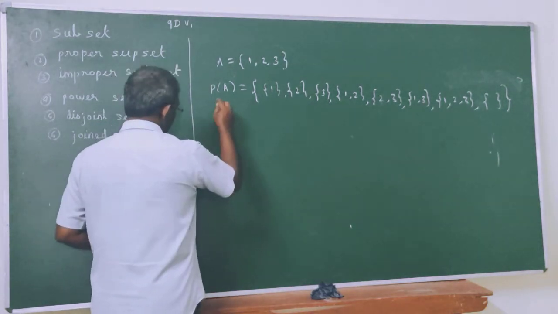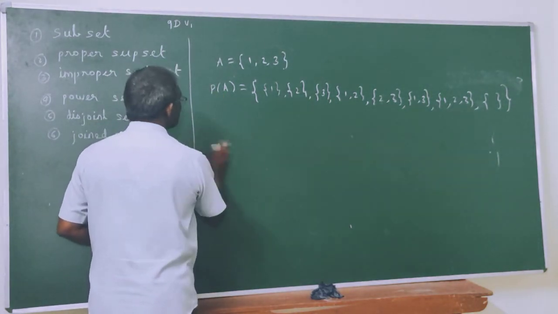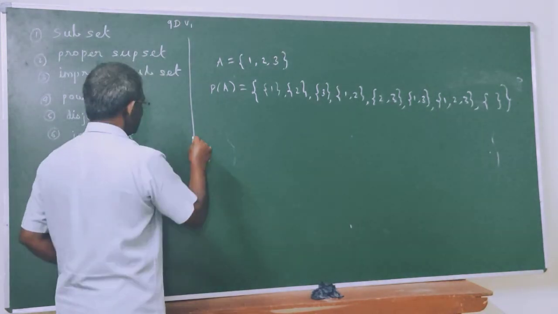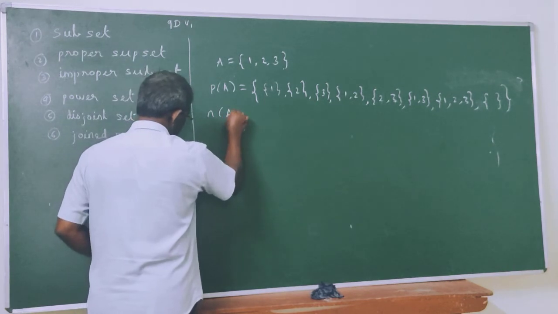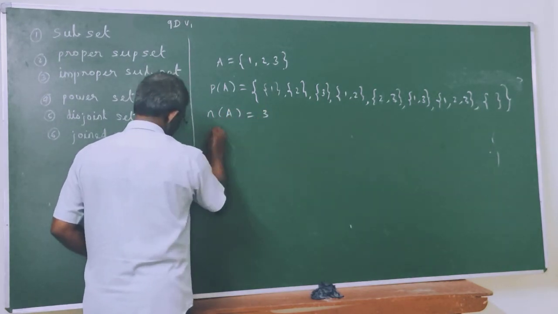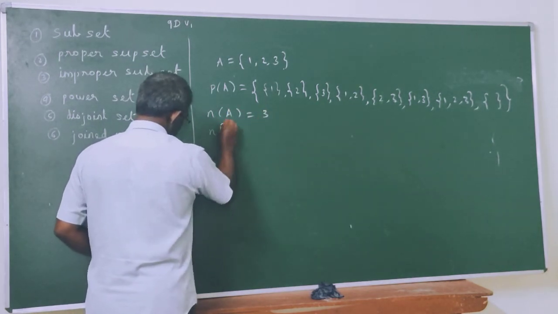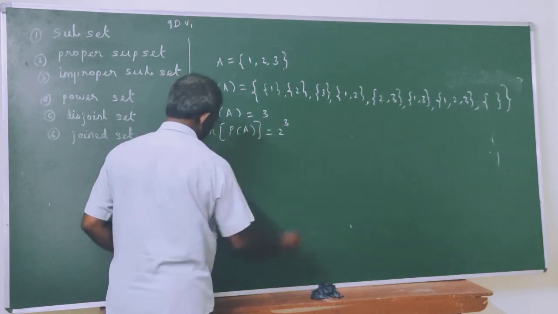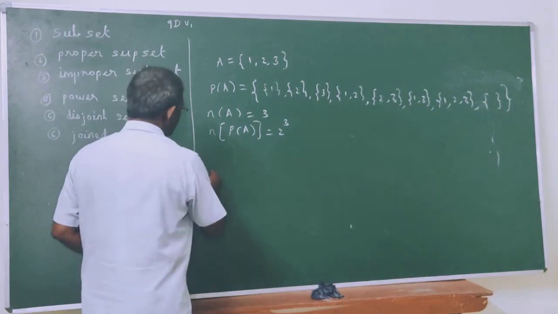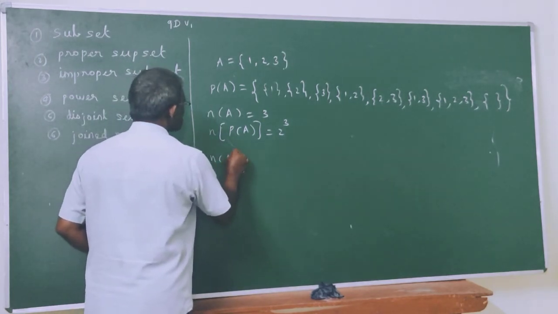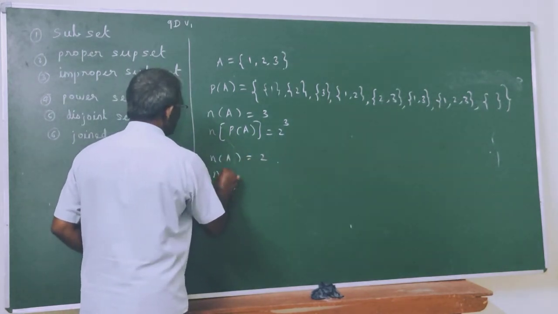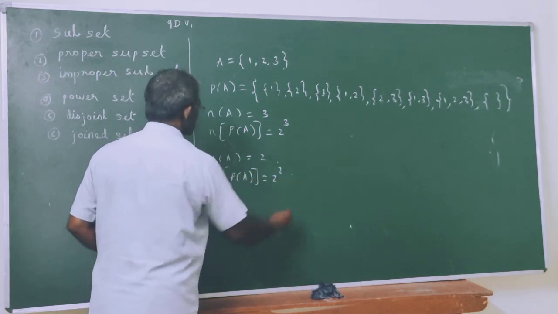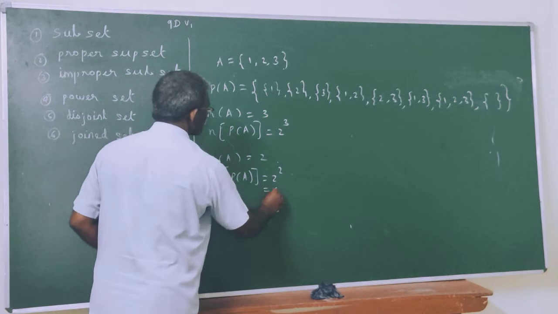Since the null set is contained in A, the null set is a subset of A. So here we came to know one relation. If n of A is equal to 3, n of P of A is always equal to 2 power 3. If n of A is equal to 2, then n of P of A is equal to 2 power 2, which is 4.